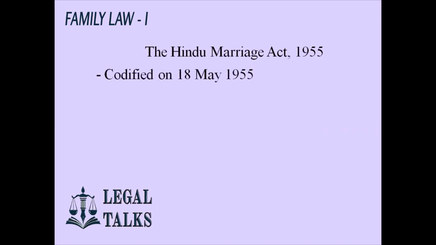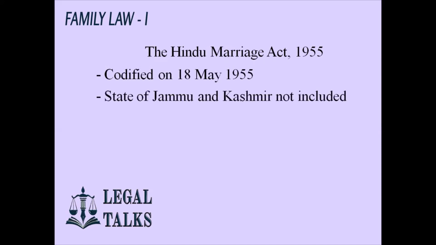So we have discussed earlier that the Hindu Marriage Act is a codified version of Hindu law, which was codified and brought into existence on 18th May 1955. It covers all the territories of India except the state of Jammu and Kashmir.